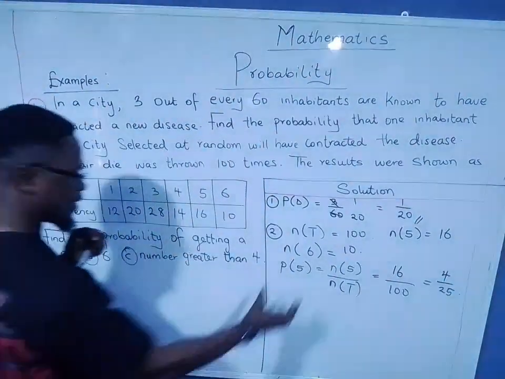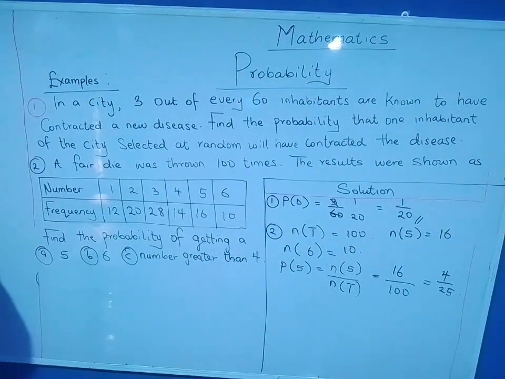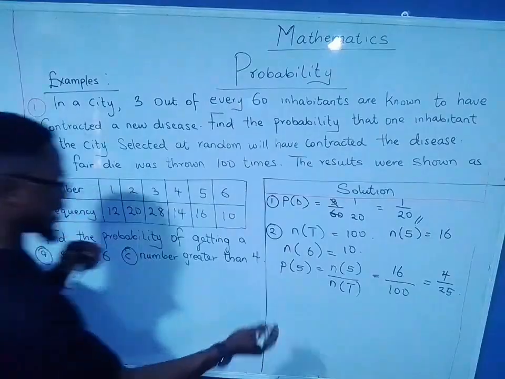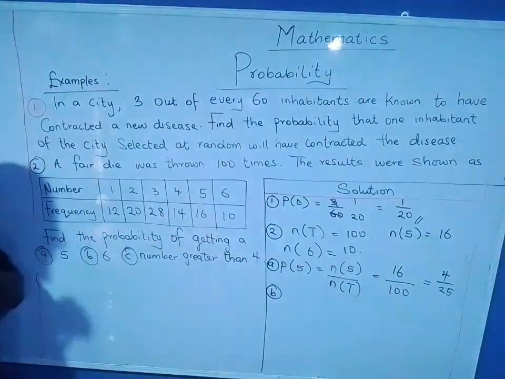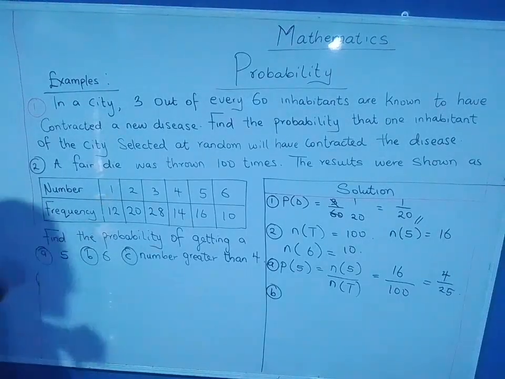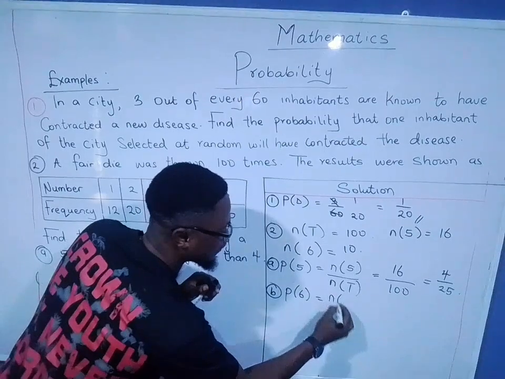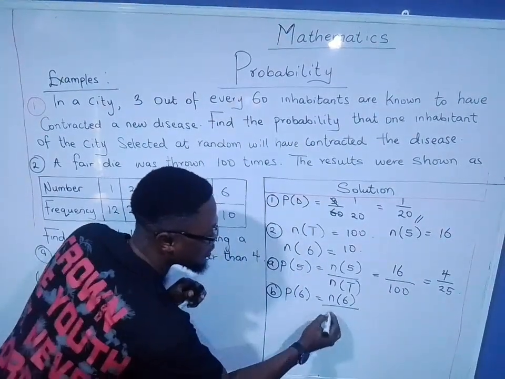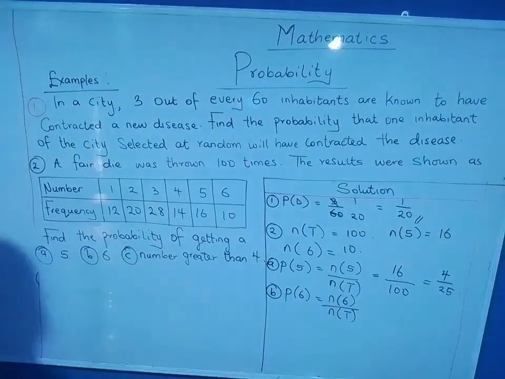Beautiful. Now let's do the other one. It says, what is the probability of getting 6? Similarly, this is for option B. The probability of getting 6, P(6), is the number of times that 6 came out over the total number of possible outcomes, or total number of times that you throw the dice.